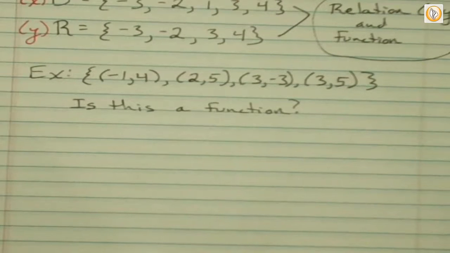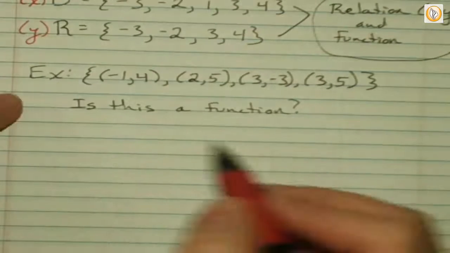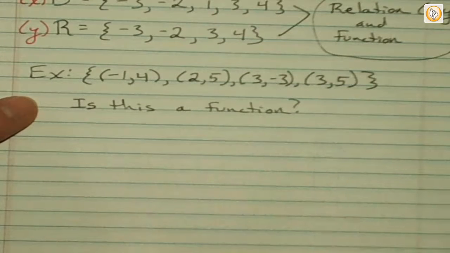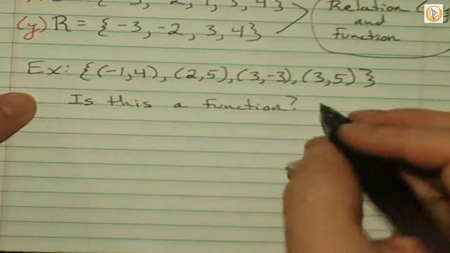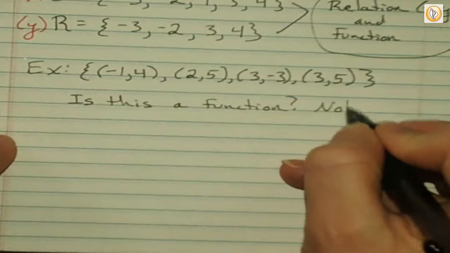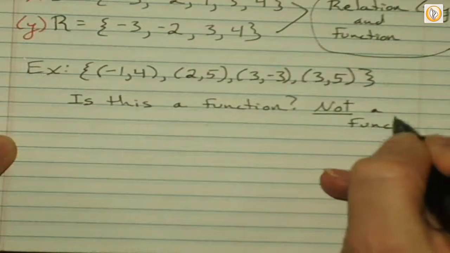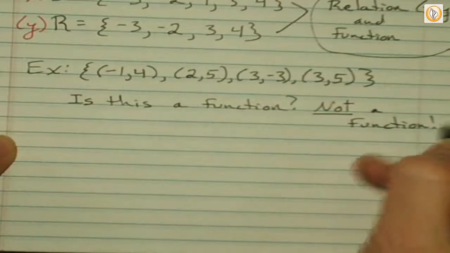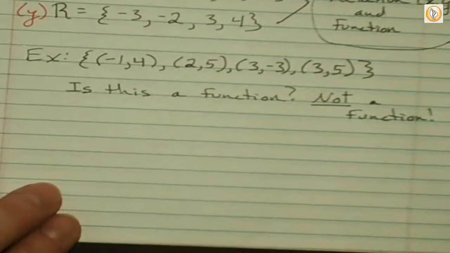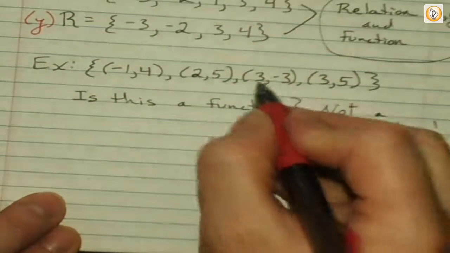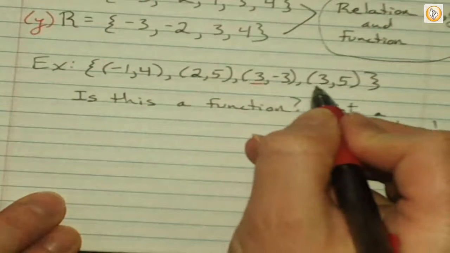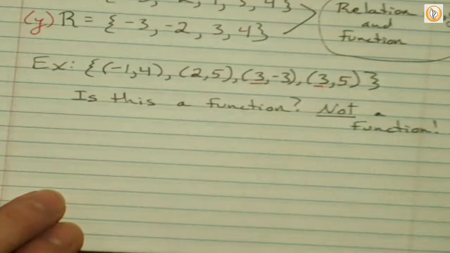Okay, so remember, these are your ordered pairs. So, is this a function? No. You're correct. It is not a function. If you notice, there's a 3 as an x and another 3 as an x.